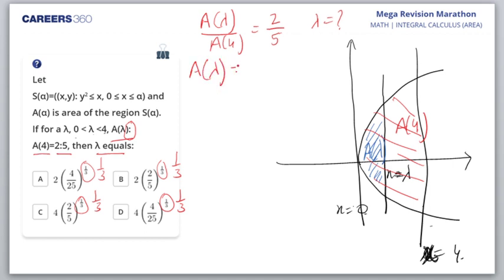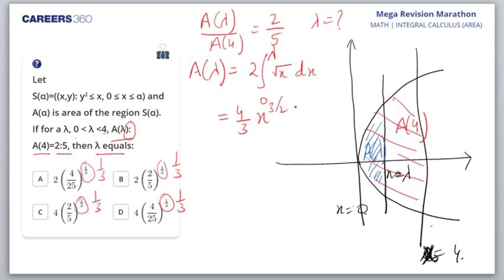A lambda. A lambda would be, I'll have to integrate twice because whatever is the portion above the x-axis, same equal is the area below the x-axis. So 0 to lambda, and I'll have to integrate the parabola. So that is root x dx. So what it would be? 4 by 3 x raised to power 3 by 2.